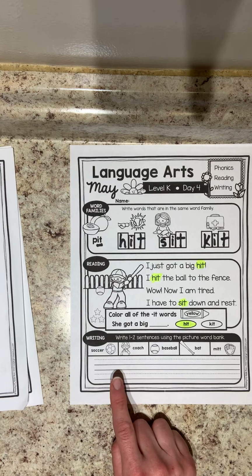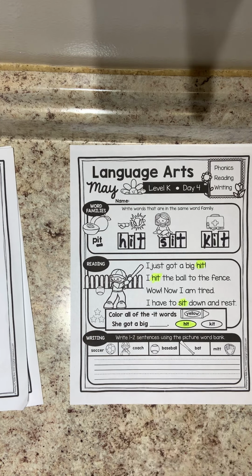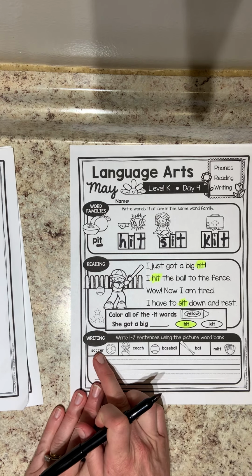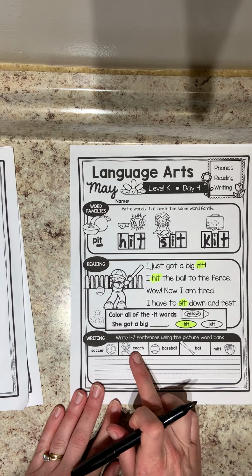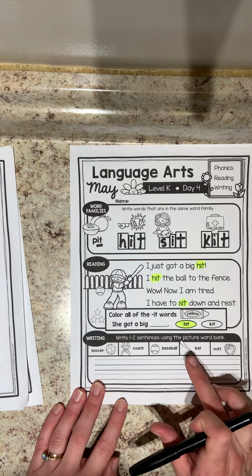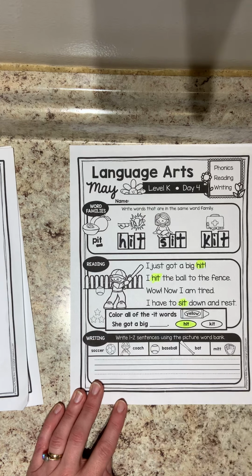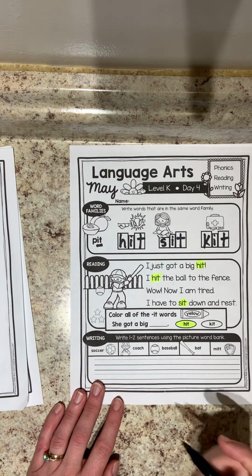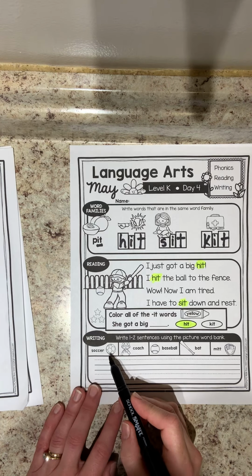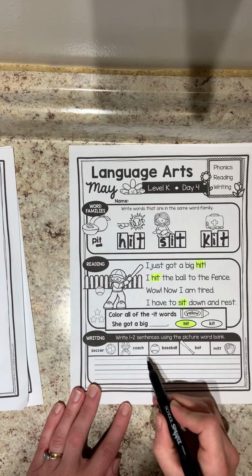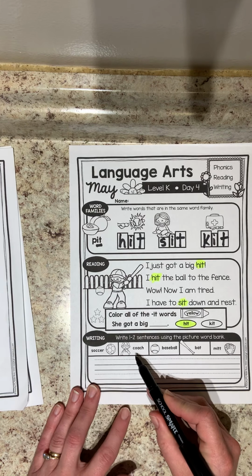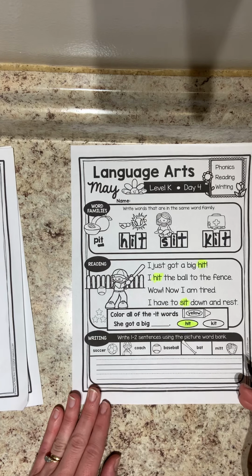Remember, I'm going to write one sentence with you, and you can write another one when we're done. Let me tell you the words we're working with today. Soccer, coach, baseball, bat, mitt. All of these words make me think of baseball, except for soccer, of course. But a bat and a mitt you use to play baseball, and you definitely need a coach for baseball and soccer.